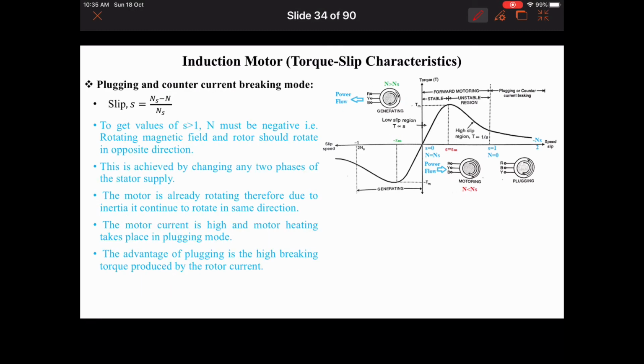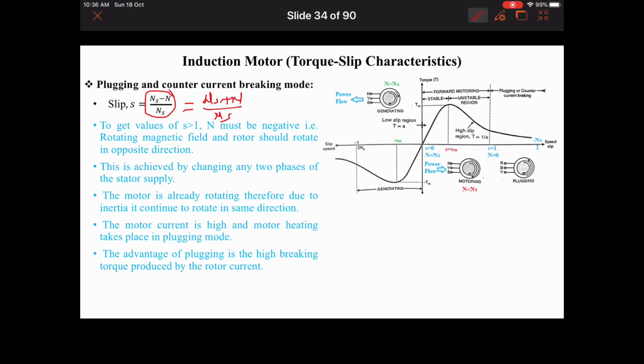Another mode is the plugging or counter current braking mode. We know that the slip s is equal to ns minus n divided by ns. To get a value of s greater than 1, n must be negative. So if we put n negative in this formula, it will become ns plus n divided by ns.